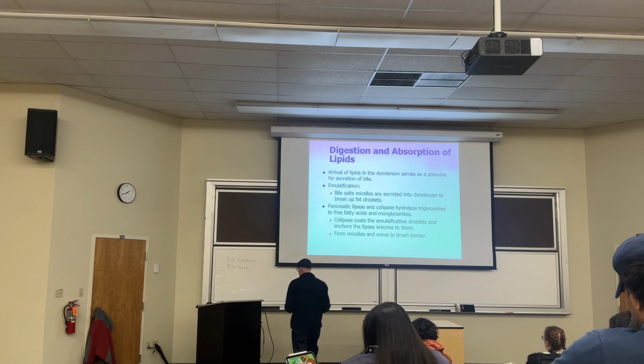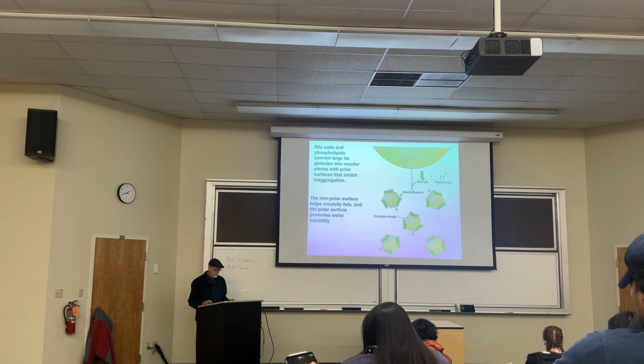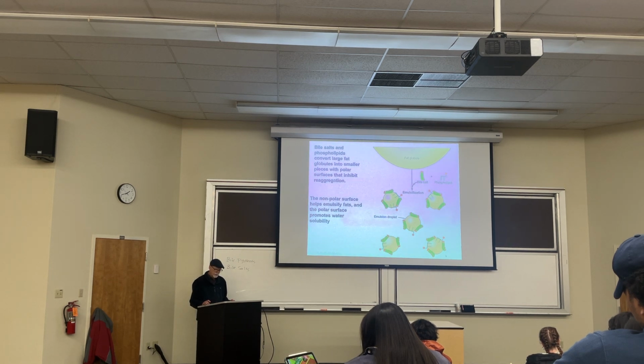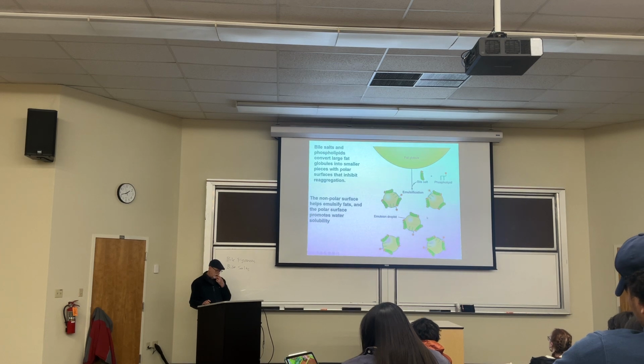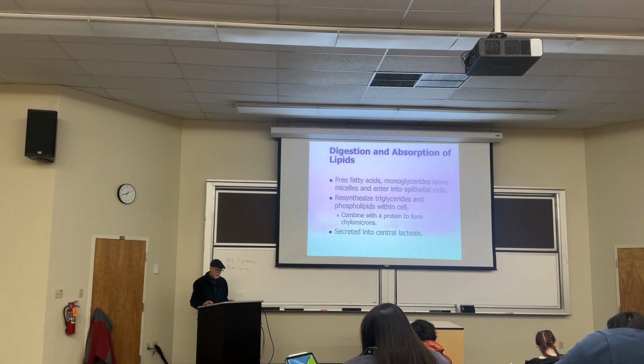Well, the bile salts are acting as an emulsifier to break those fat droplets up. So we take a big fat globule, we add the bile salts, and we make these little fat droplets. And now the lipase, which does the digesting, has all this increased surface area to digest the triglycerides down.